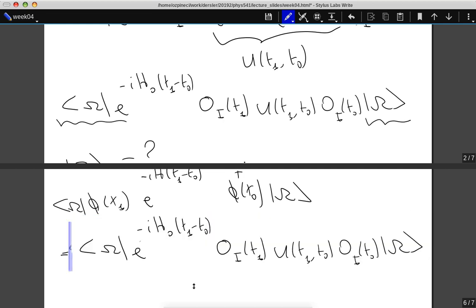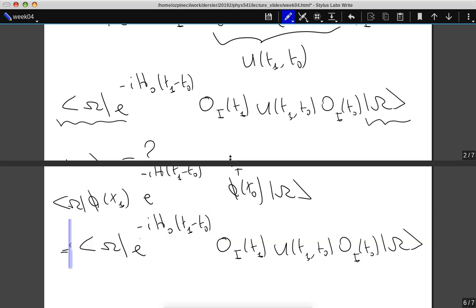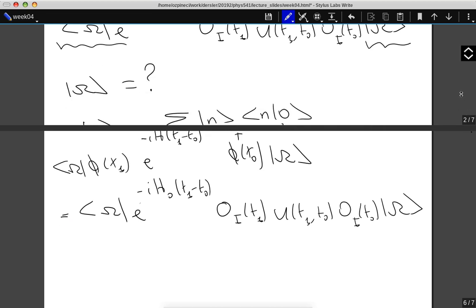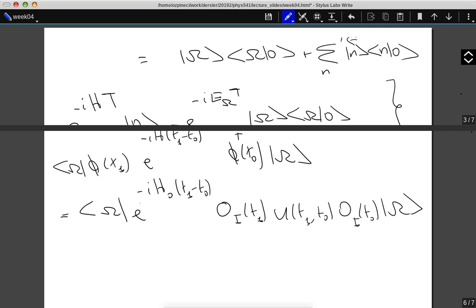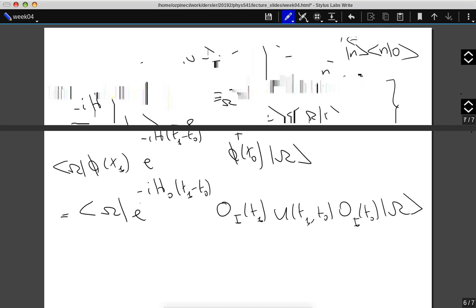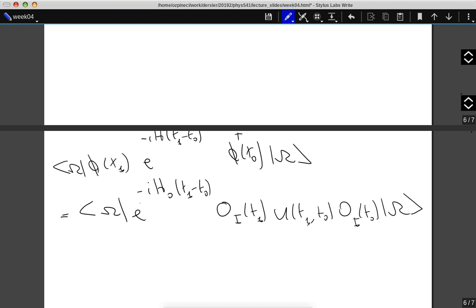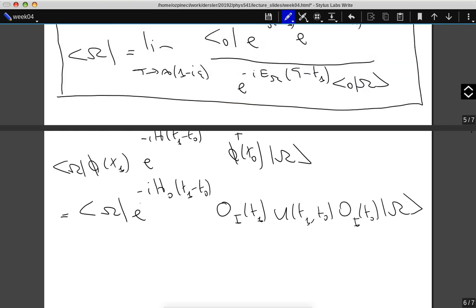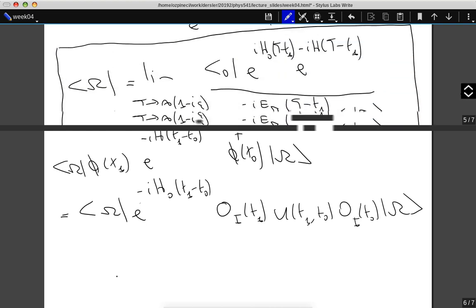Then we calculated those ground states. Let me look at the bra first. I will not write the limits. Just keep in mind that eventually I take the limit as t goes to infinity (1 minus i epsilon).